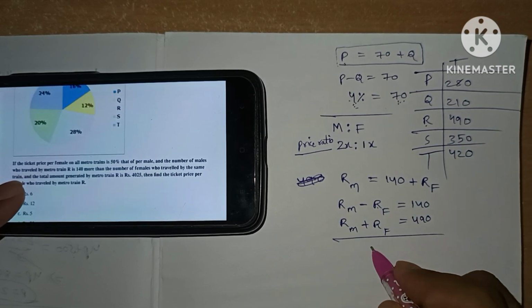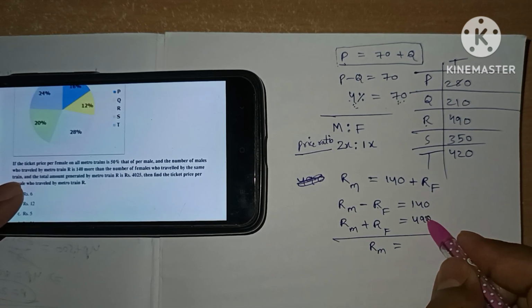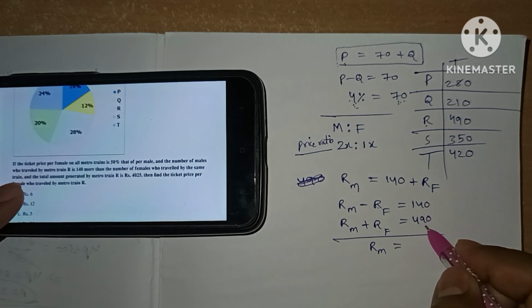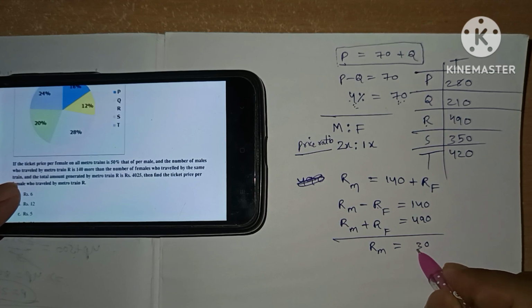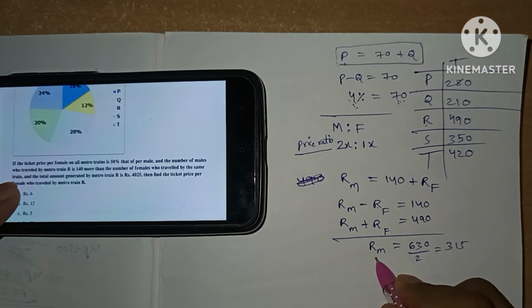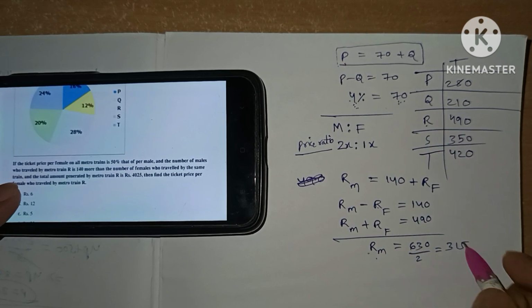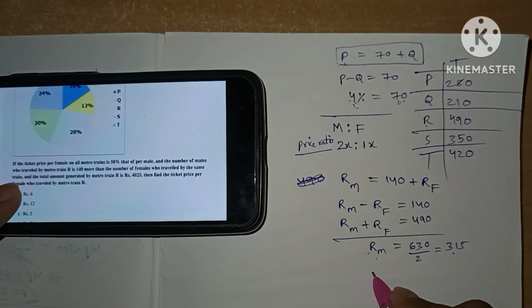From these two we can find RM value. To find RM value we need to do the sum of these two divided by 2. Sum of these two will be 630 divided by 2, which is 315. So the number of males in metro train R is 315.